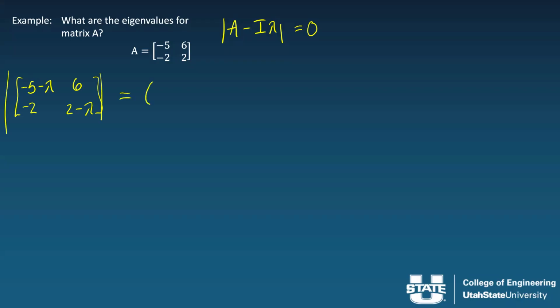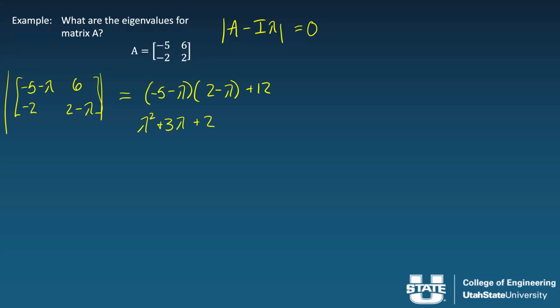We get to do that cross multiply, where we have -5 times lambda multiplied by 2 minus lambda minus -12, which is plus 12. And then we get lambda squared plus 3 lambda plus 2.